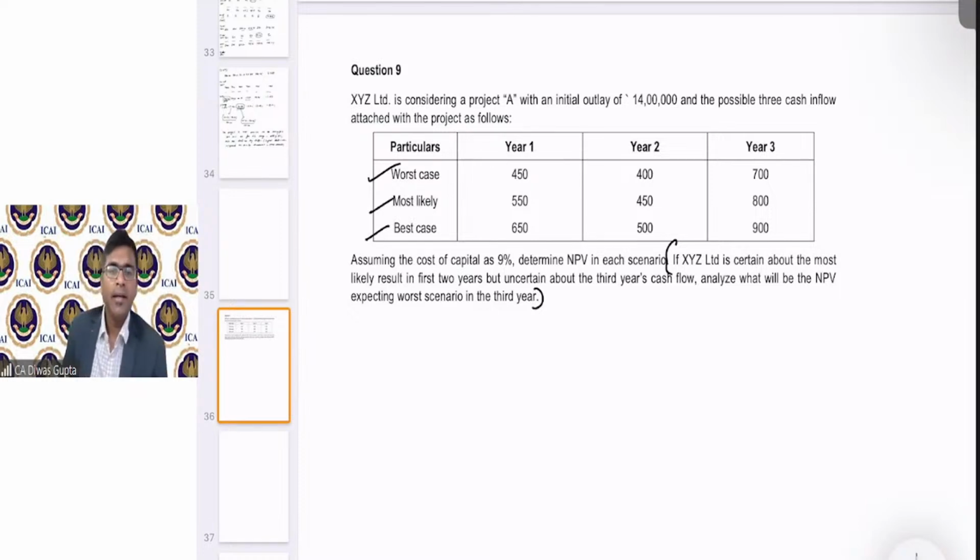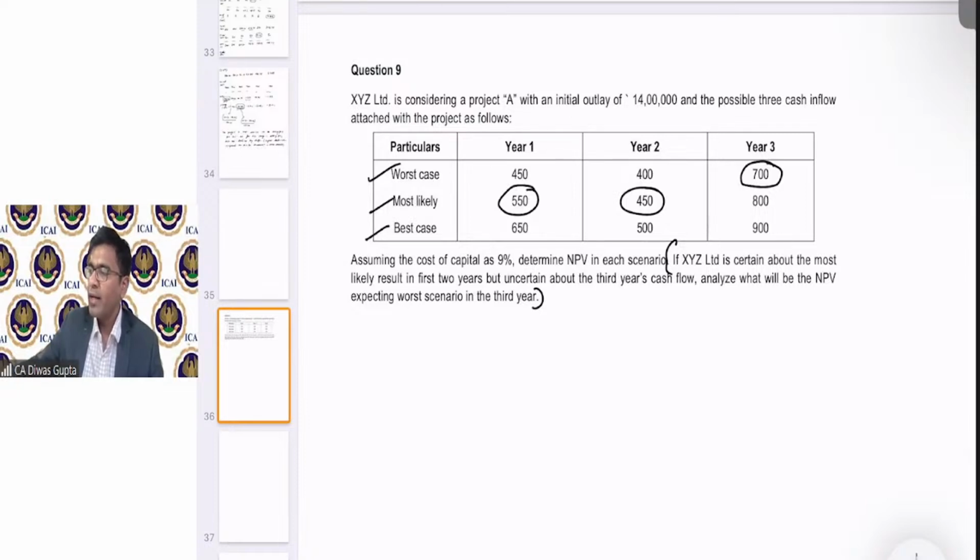It is saying that for the first 2 years, the most likely result is likely to come. This one and this one. But uncertain about the third year cash flow, analyze what will be the NPV expecting worst scenario in the third year. So the worst scenario in the third year is this one. So the cash flow for the second part will be 550, 450, and 700.